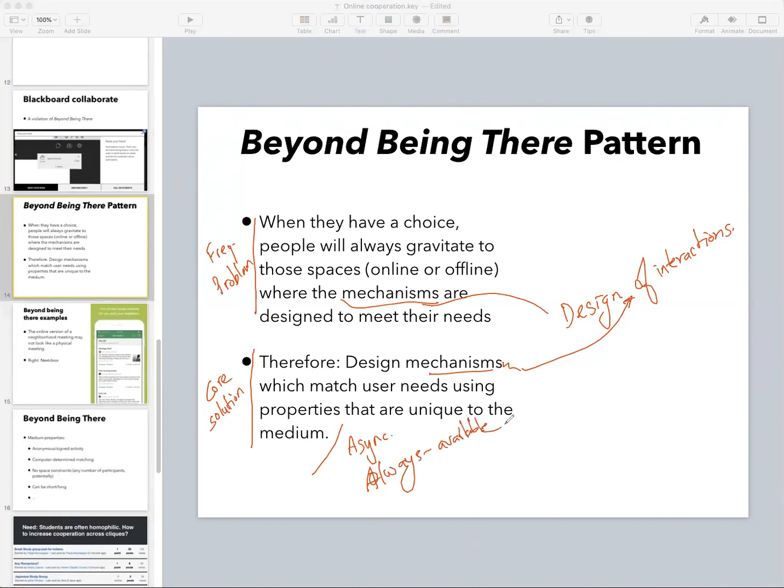All right. I have elided here what I mean by user needs. In the case of cooperative learning, these user needs would be things like, and you've already seen this in a previous module, the ability to design for individual accountability, the ability to create positive interdependence, and more.